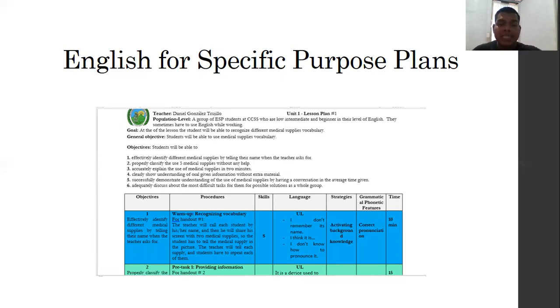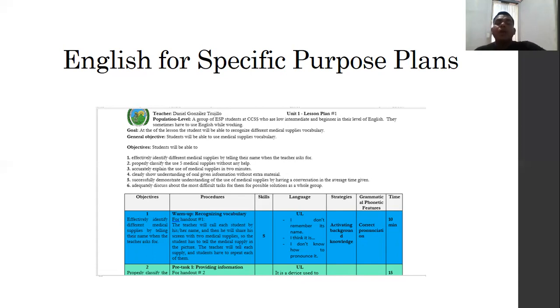The teacher will tell each supply and students have to repeat each of them. So in this case, they have first to recognize, then the teacher says the correct pronunciation, and in this case me, I say the correct pronunciation, and then they have to repeat it.